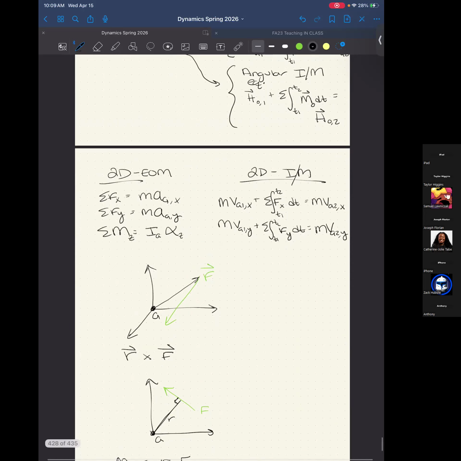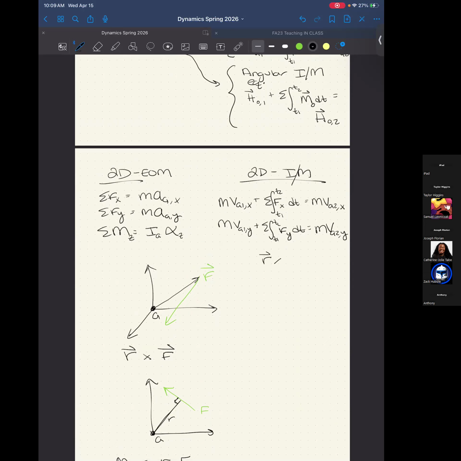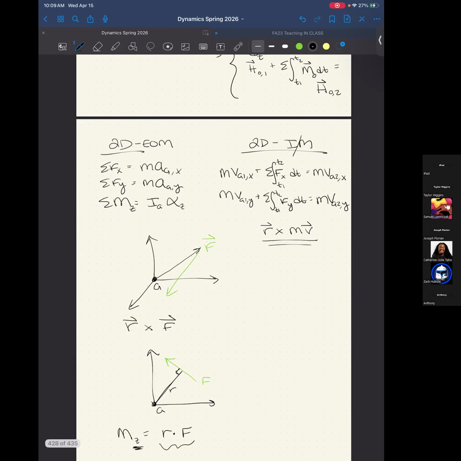Let's remember for a particle, the angular momentum of a particle about some point in space, this was our bell ringer. When we go to the 2D case, the velocity is only going to be in the x and y direction.